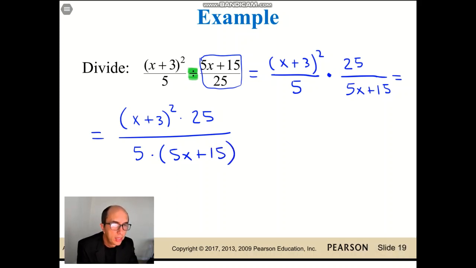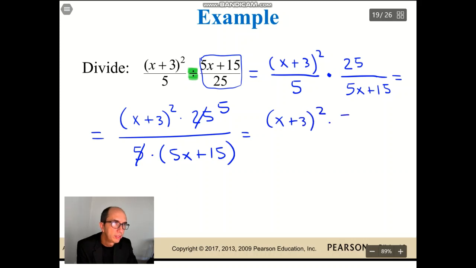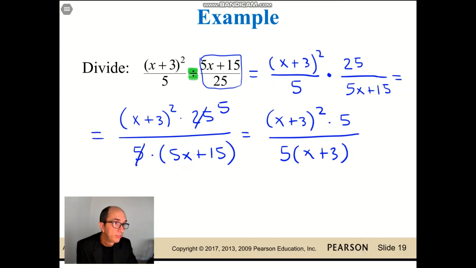Check it out, very interesting. You can simplify. This is going to be 25 divided by 5, 5 here. But pay attention, because there's another thing that we can factor out and simplify here. We simplified once, but we can simplify even further. We can factor out 5 here: 5 times x plus 3. 5 times x is 5x, 5 times 3 is 15.